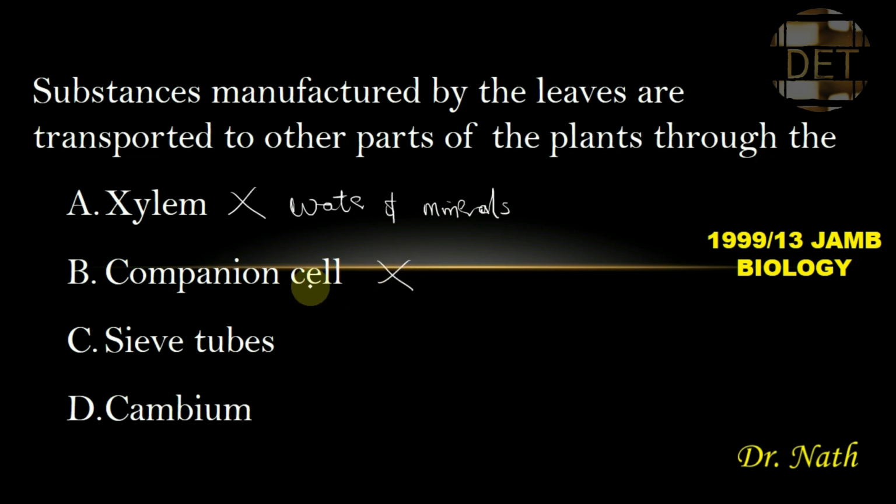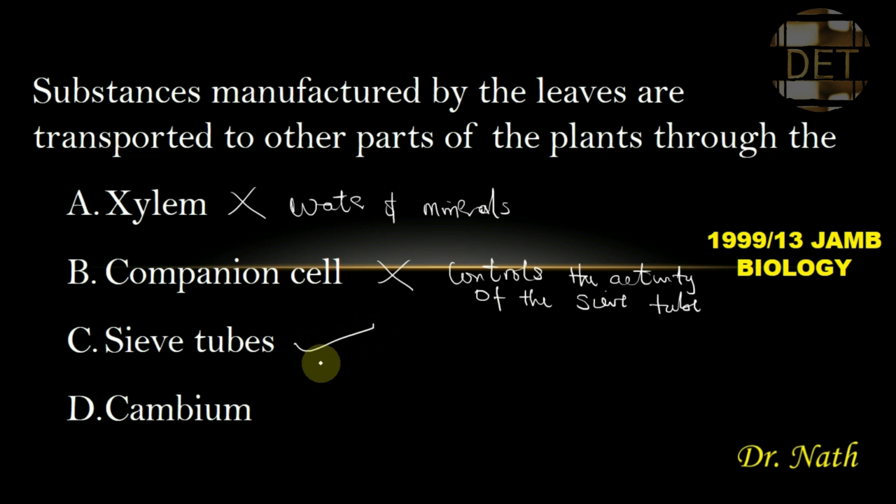No. The companion cell controls the activity of the sieve tube. Is it the sieve tube? Yes, the sieve tube is responsible for the transport of manufactured food from the leaves or from the shoot to other parts of the plants where they are needed. Is it the cambium? No.